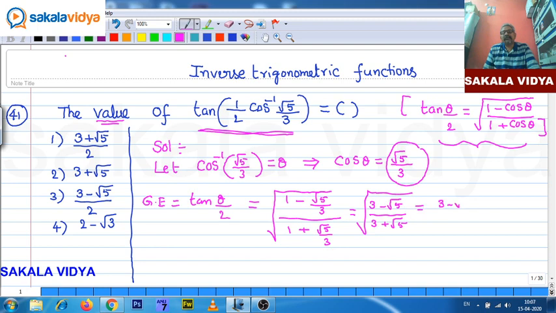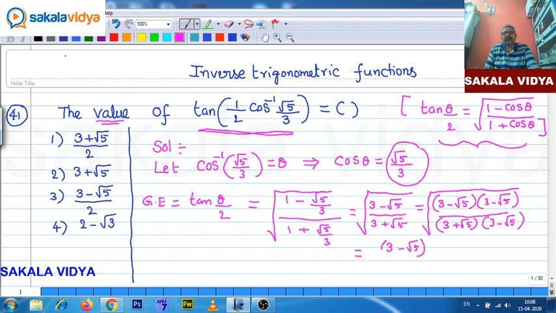So, 3 minus root 5 into 3 minus root 5, by 3 plus root 5 into 3 minus root 5, this is under the square root. So, now this equals 3 minus root 5 whole square. And the denominator, a plus b into a minus b, a square minus b square, that will be 9 minus 5. So, this is under root.